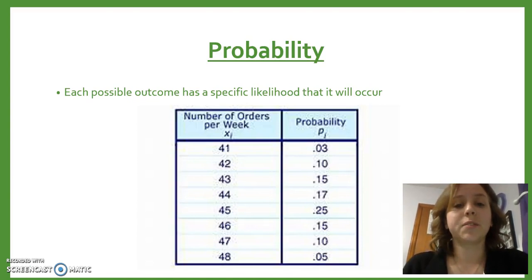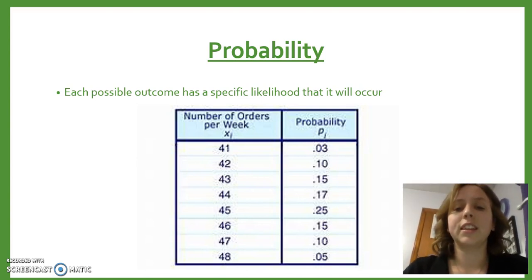The next thing I want to discuss is a little bit of probability. Probability means each possible outcome has a specific likelihood that it will occur. Here you can see a simple probability table. This is just one I found online, but the main thing I wanted to point out, which you often see on the Praxis, is to know that probabilities always equal 1.